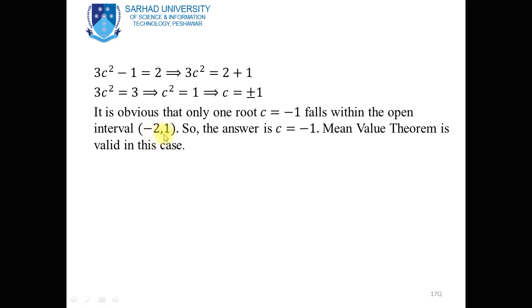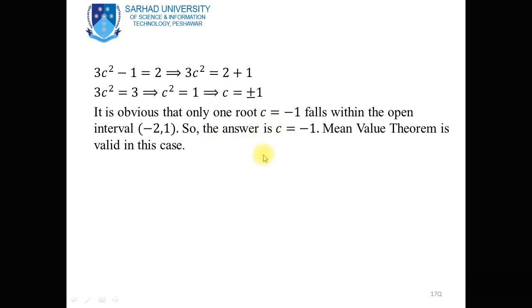We are searching for a point between -2 and 1. So -1 is between -2 and 1, but 1 is not between -2 and 1. So the mean value theorem is not satisfied at c is equal to +1, and the mean value theorem is satisfied for c is equal to -1.